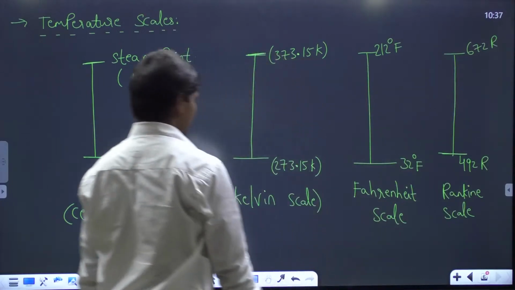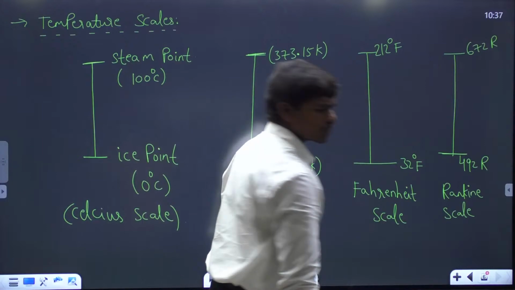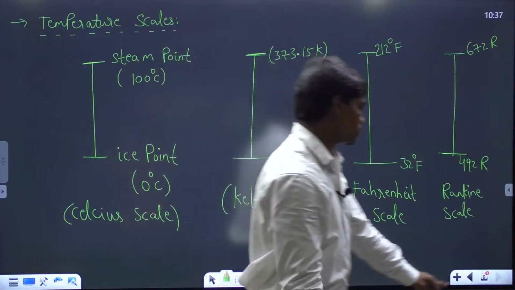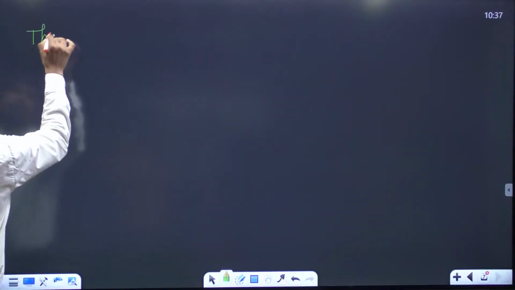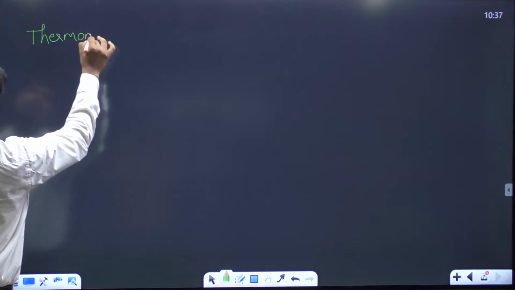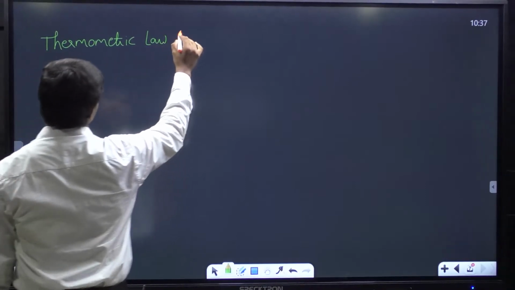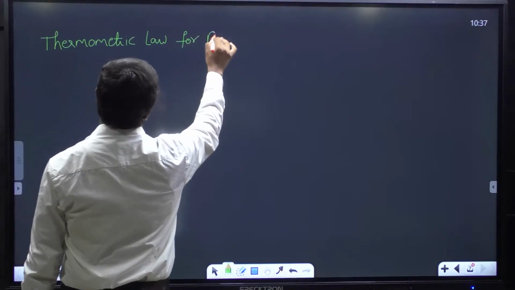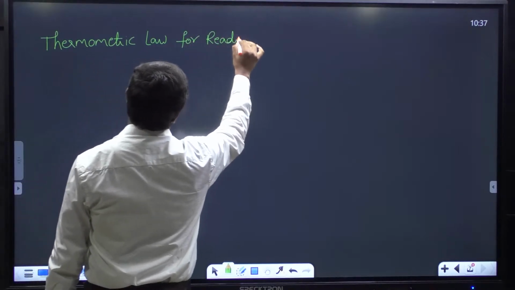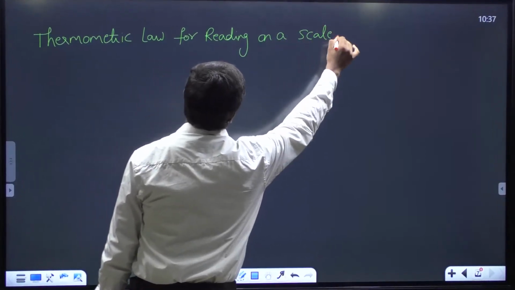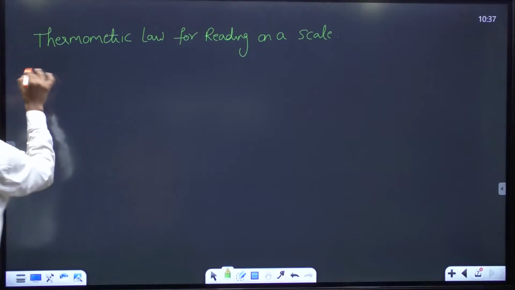Okay, so now what's the law that's governing thermodynamics? If you keep on like this, you can keep on inventing as many scales as you need. Correct? So for having some standard measurement, the thermometric law is given for a reading on a scale.